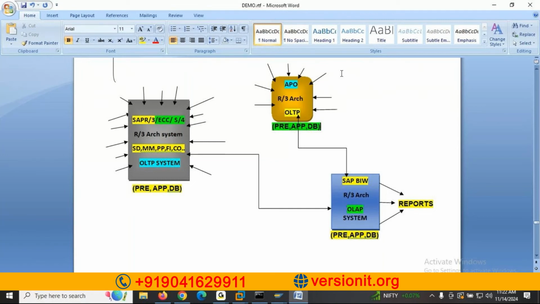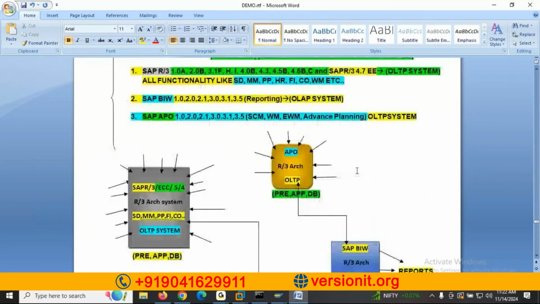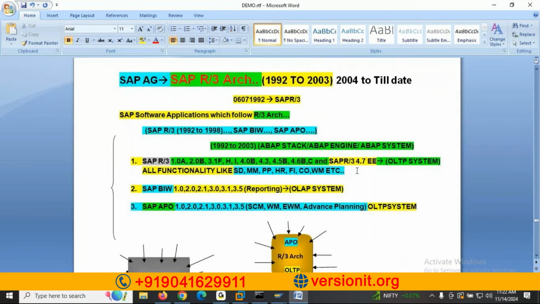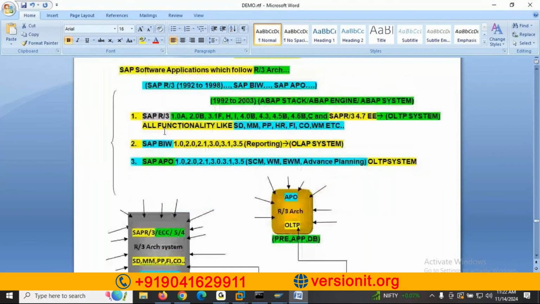Now SAP has got how many softwares in this period of 1990 to 2003? They have got only three softwares. The first was released in 1992. After 1992, till 1998, they did not have any other software. They had only one. In 1998, they came up with these two softwares.